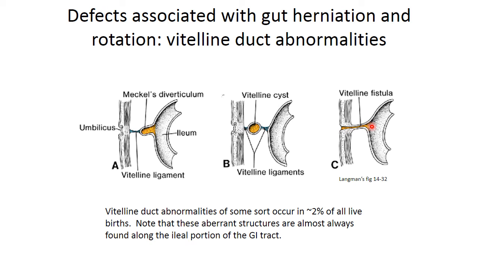And if the vitelline duct is going to remain patent and open at the umbilicus, then there can be fecal discharge. So the intestinal contents and all the fecal matter are going to discharge from the umbilicus. So that fecal discharge is indicative of vitelline fistula.